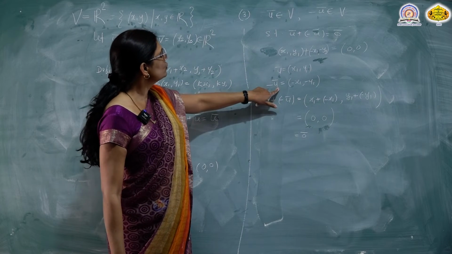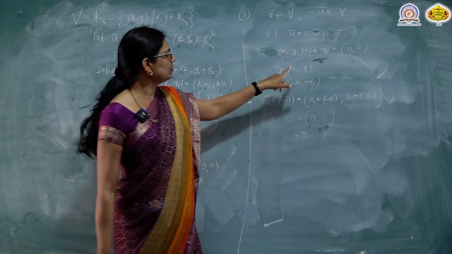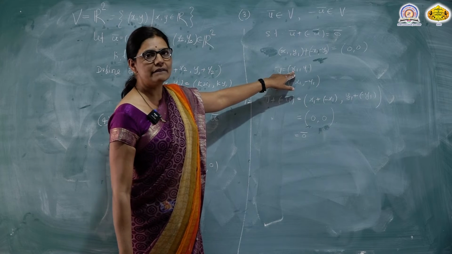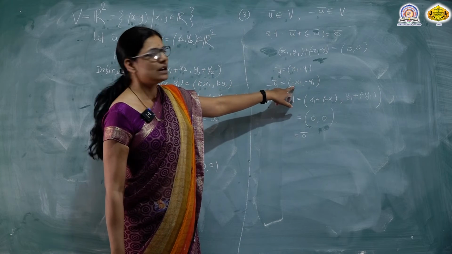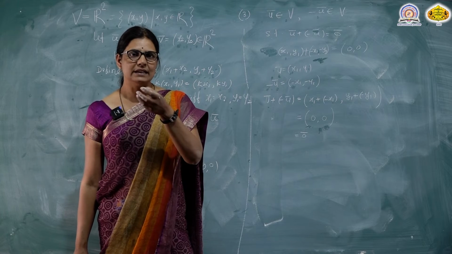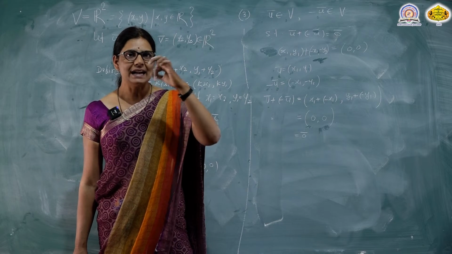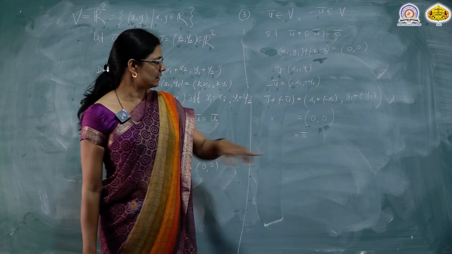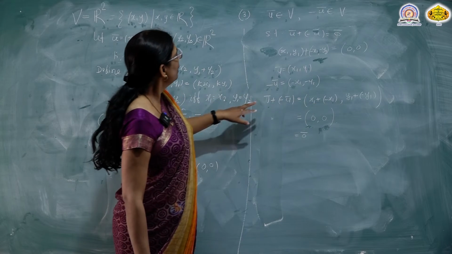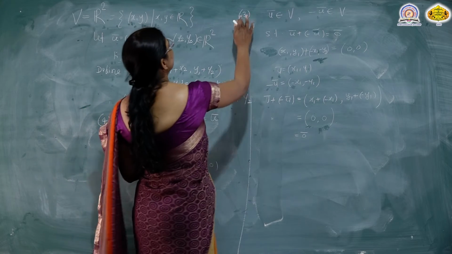So minus u bar, that is (minus x1, minus y1), is the negative of (x1, y1). Remember this one. What is the negative of (x1, y1) in R2? It's (minus x1, minus y1). Suppose (2, 3) is a vector, its negative is (minus 2, minus 3). When we add these two, the answer is the 0 vector again, that is the ordered pair (0, 0). So this is our fifth property.